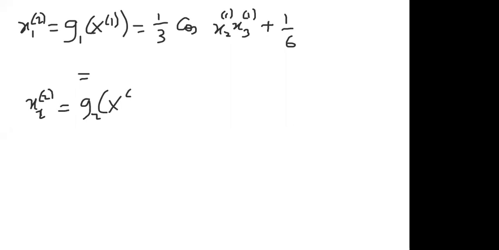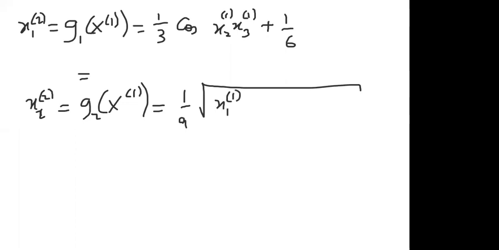So I think it's something that you can do. And this will just be equal to 1/9 square root of X11 now squared, then plus sine X31, then plus 1.06, then minus 0.1. So we should be able to do that.